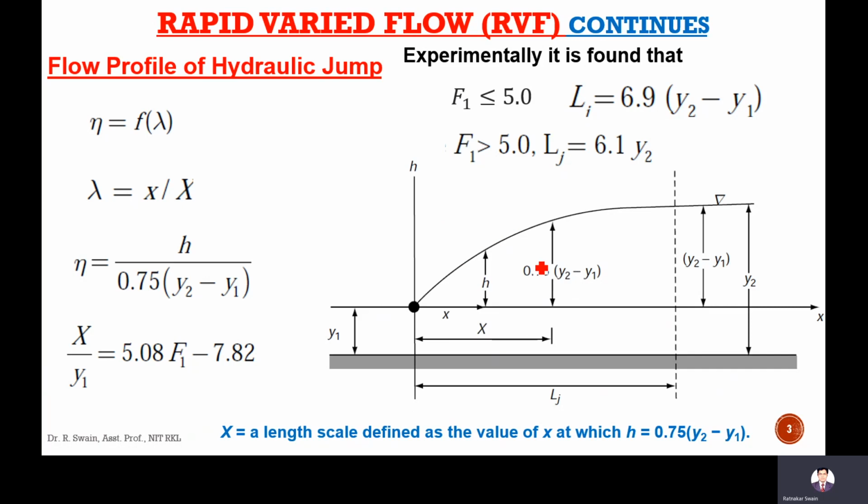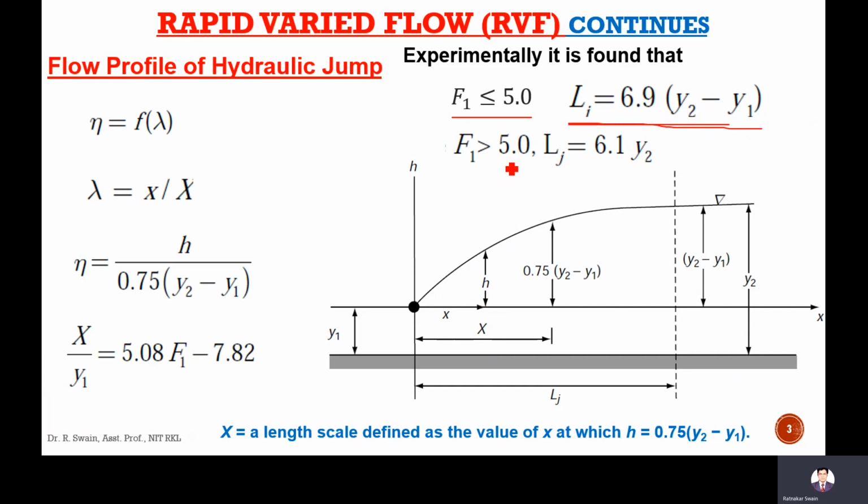So today we are going to discuss the flow profile of the hydraulic jump, how the profile is estimated and plotted in rapidly varied flow. Experimentally, we also discussed the length of the jump. When the Froude number is less than 5, the length of jump is calculated as 6.9 times (y2 minus y1), where y2 and y1 are the conjugate or sequent depths just after and before the jump.